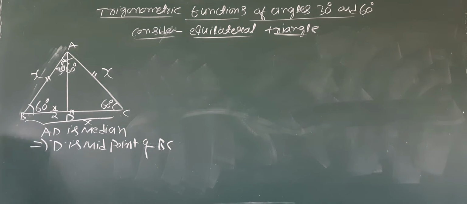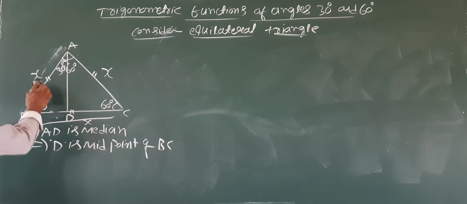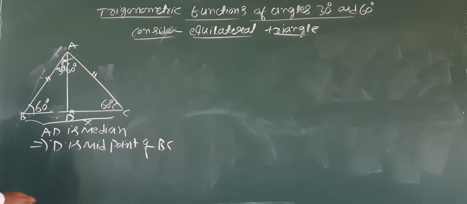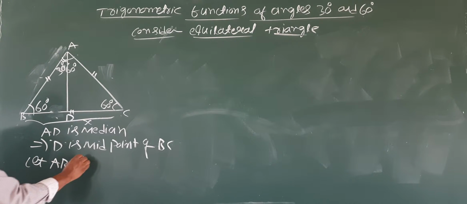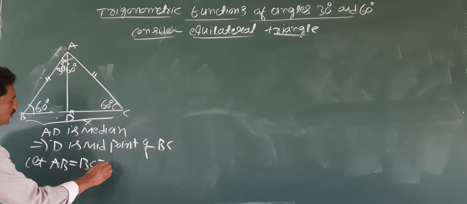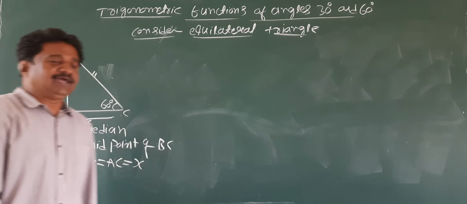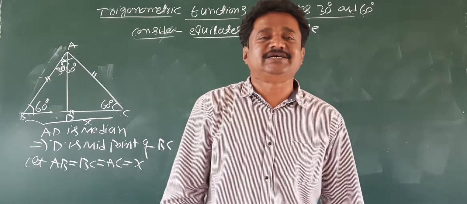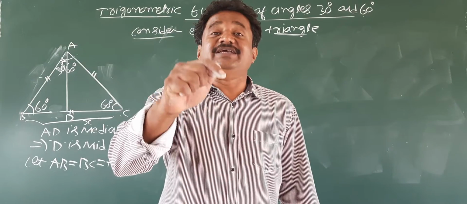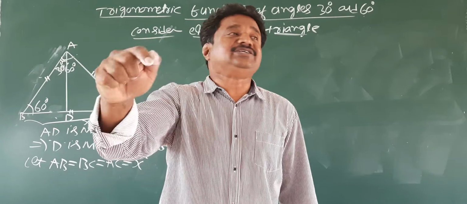So I write that inside. Let you take length of AB equals length of BC is equal to length of AC is equal to x. You take length of each side as x units.